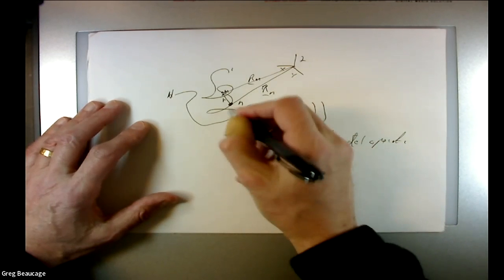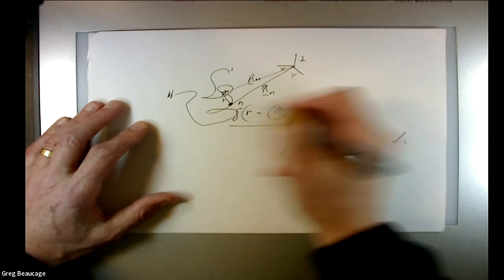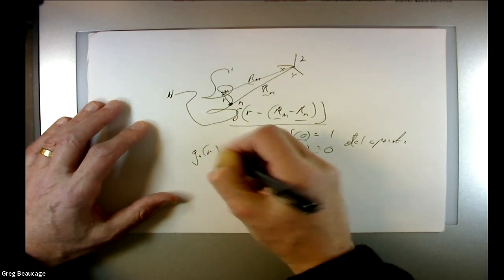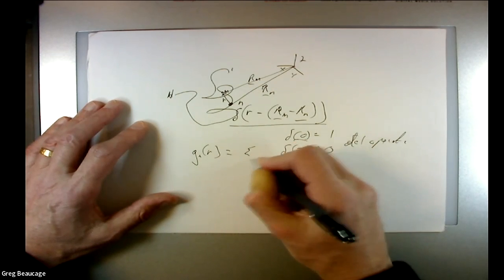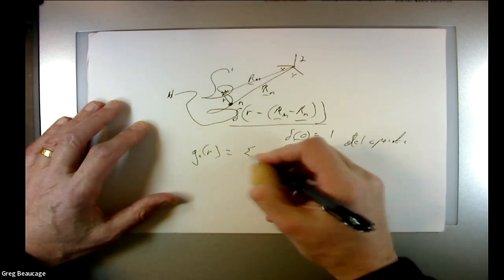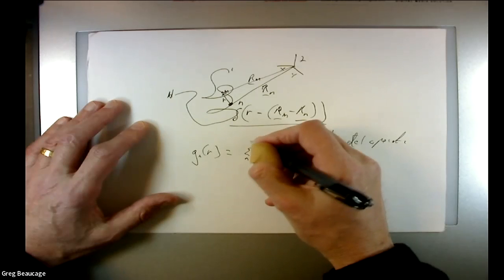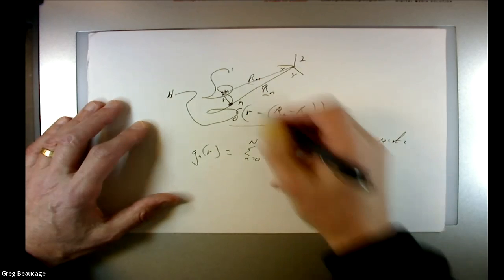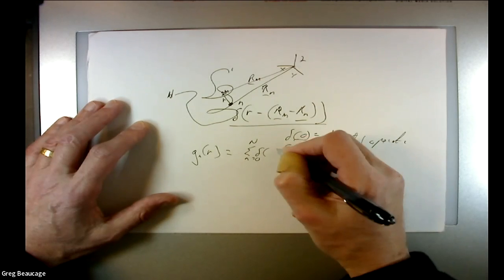Then if you wanted to sum that over, for a given r you'd have g of r, and you sum over all possible places on the chain of this delta argument.